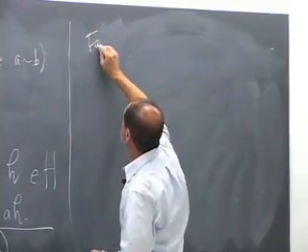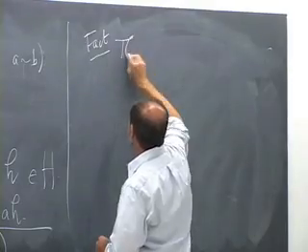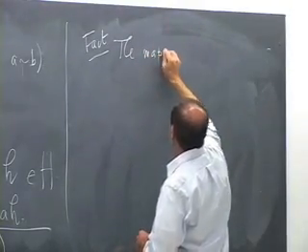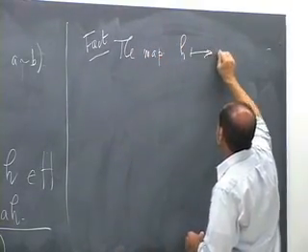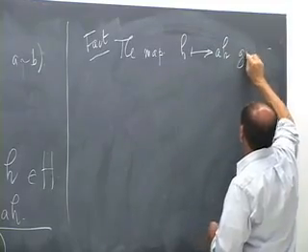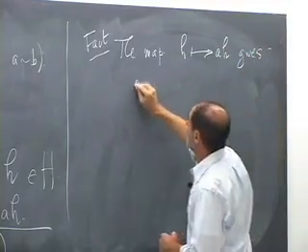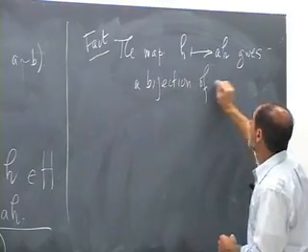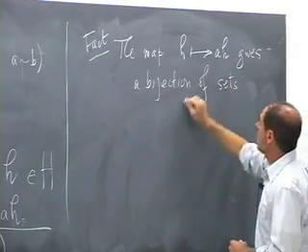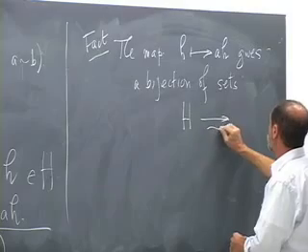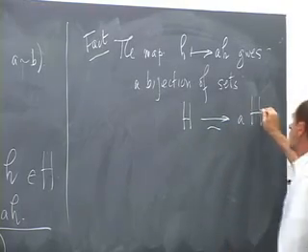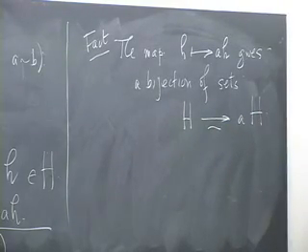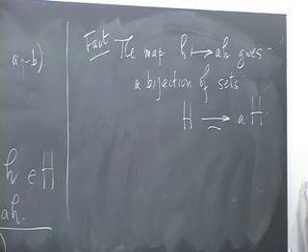Fact: the map h goes to ah gives a bijection of sets. H is bijectively identified with aH. Clear?